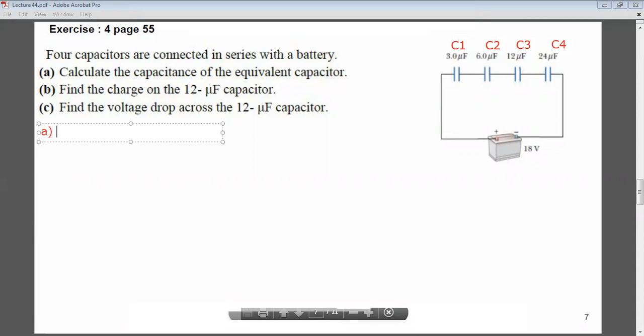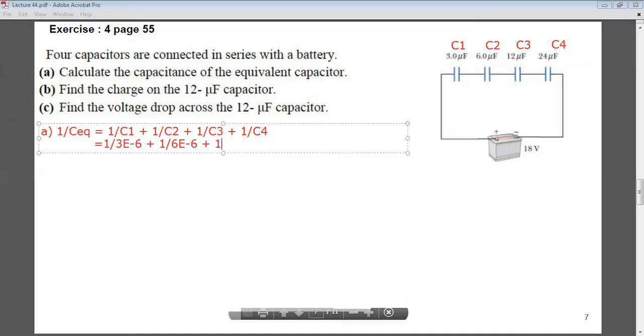So here I have to use the formula 1 over C equivalent equals 1 over C1 plus 1 over C2 plus 1 over C3 plus 1 over C4. You don't try to do any math here, okay? Just use your calculator. So this will give you 1 over 3 e to the minus 6 plus 1 over 6 e to the minus 6 plus 1 over 12 e to the minus 6 plus 1 over 24 e to the minus 6, okay?